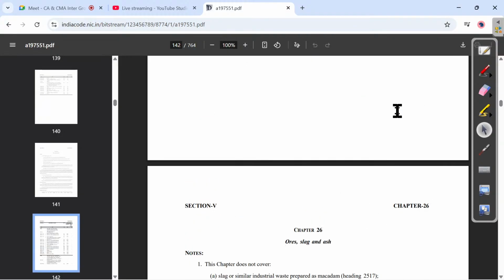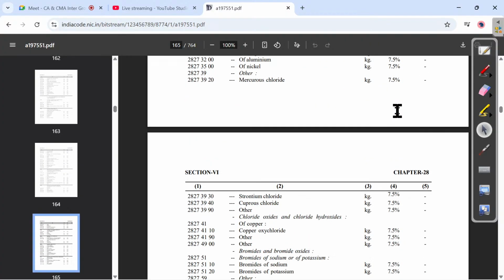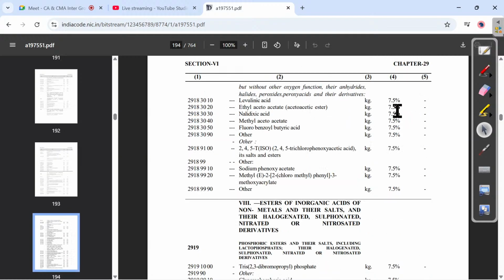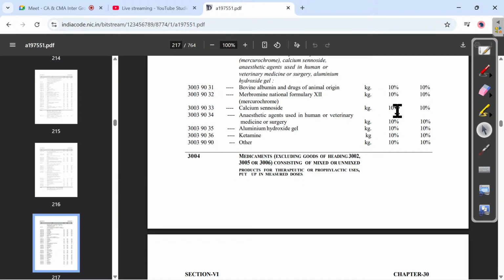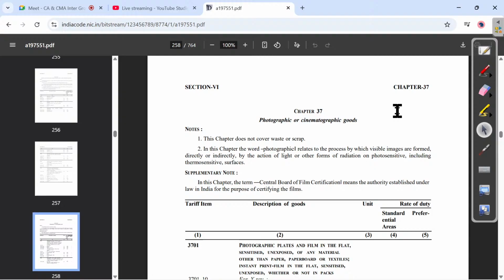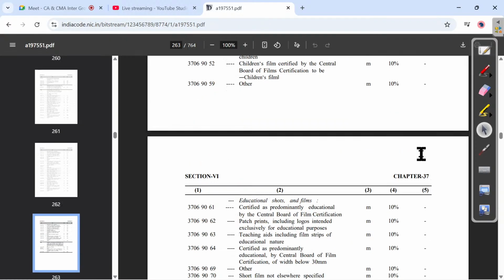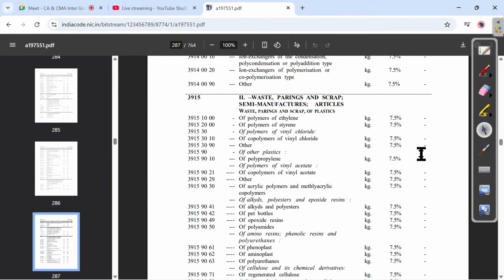Most of the cases here are given with kg as the measuring unit. Or based on number of units. Here, meter squared. Cinematographic film, meter squared, like this will be the measuring unit. So all these particulars are available there.